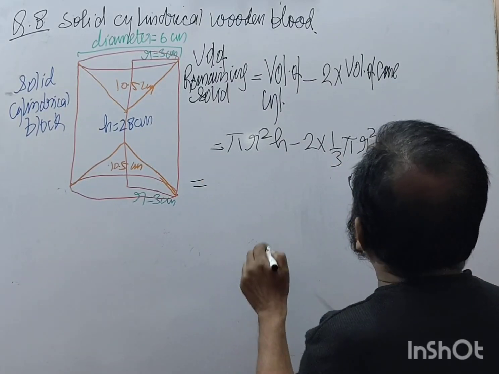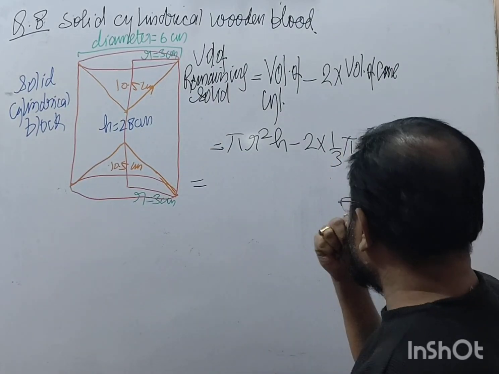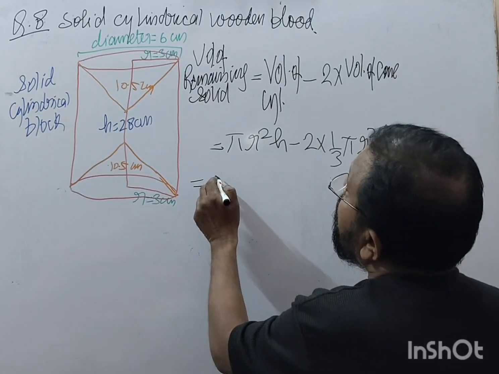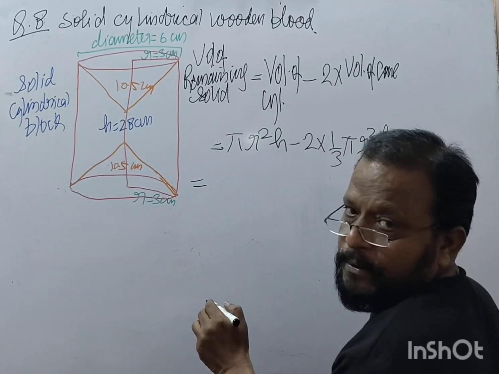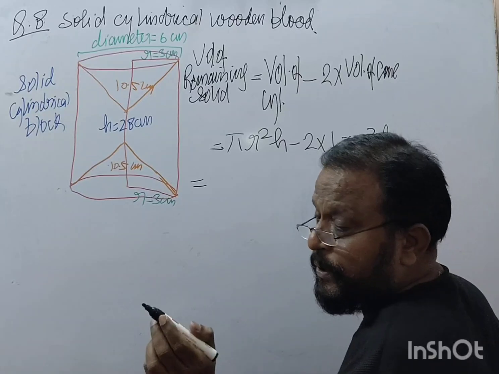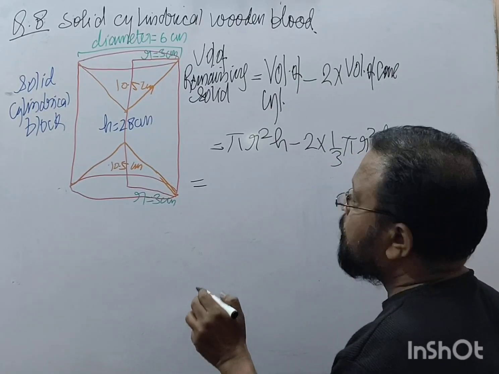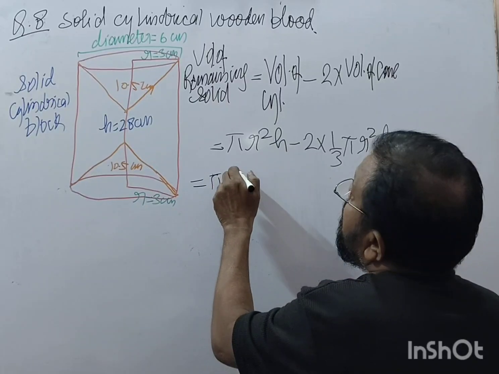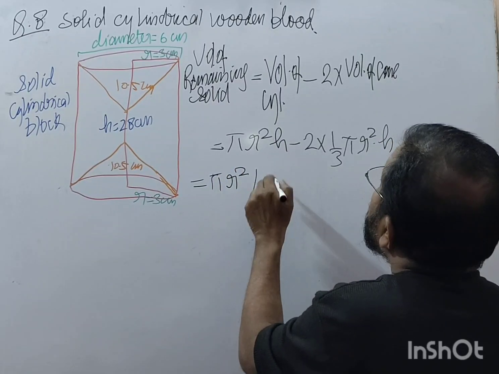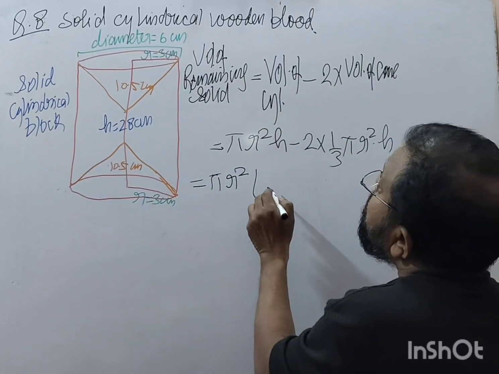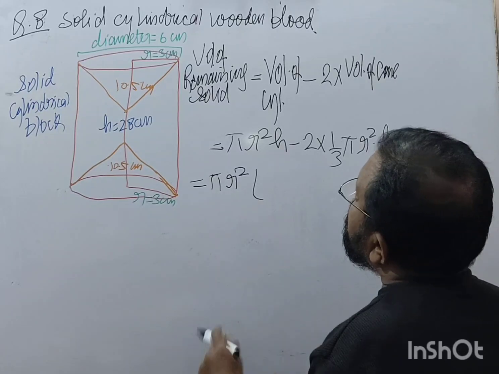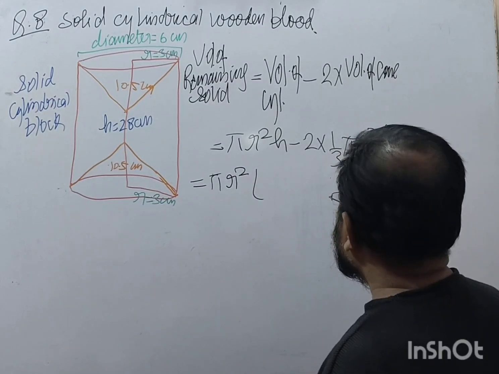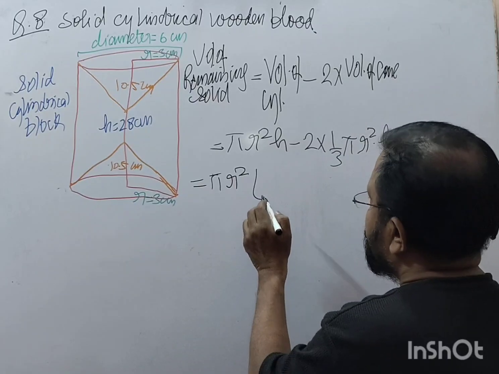So the radius of both is the same. What is the value of pi? It is given as 22/7. Pi r square is common. No, the height is differing.